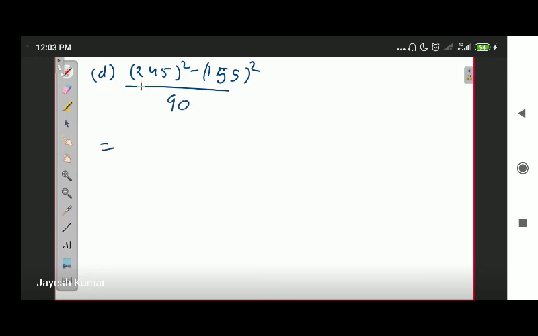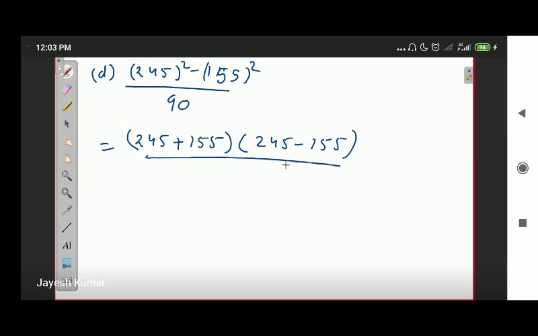We'll simplify it using the same formula, the formula of a square minus b square. So 245 plus 155 into 245 minus 155. This will be 400 into 90 upon 90. You cancel out 90 and 90, and your final answer is 400.